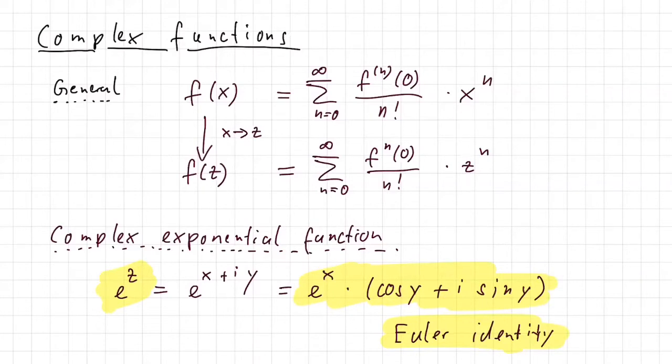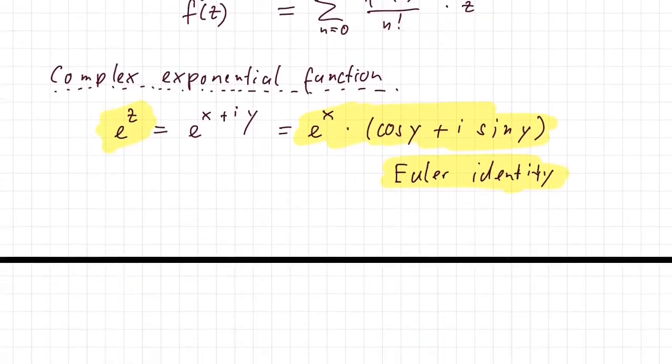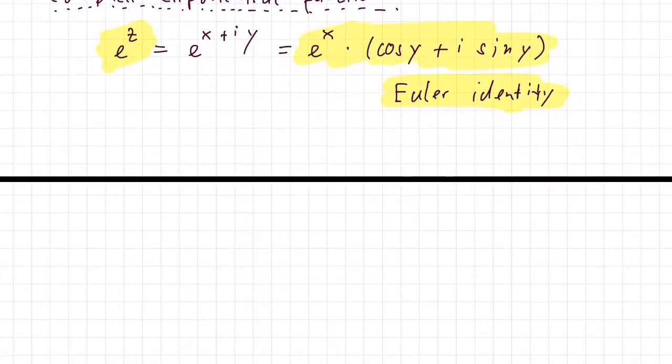Now, as I said, you can either say that I derived this formula using the Taylor expansion, or you could also see it as a definition of the complex exponential function. And in either case, what you can show is that all the usual properties of the exponential function still hold.